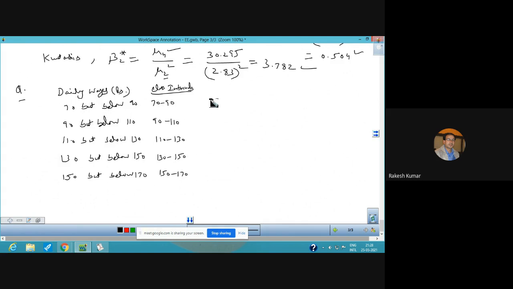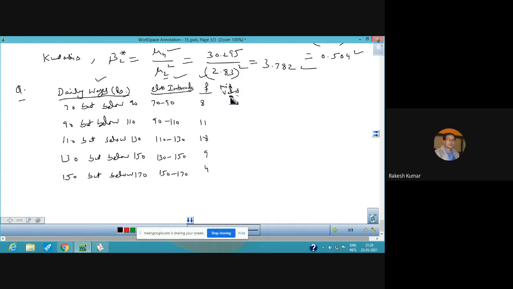We also have the values of frequency, and that is 8, 11, 18, 9, and 4. Frequency is given and daily wages are given. With the help of daily wages, we have created a class interval.